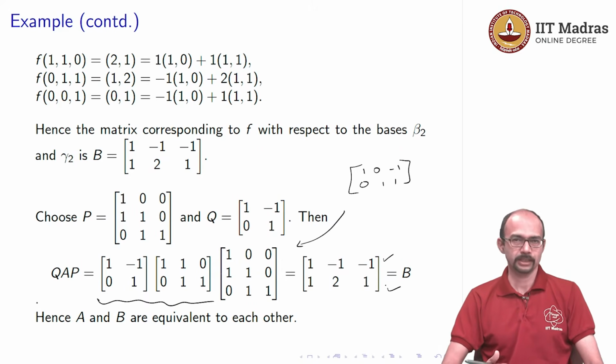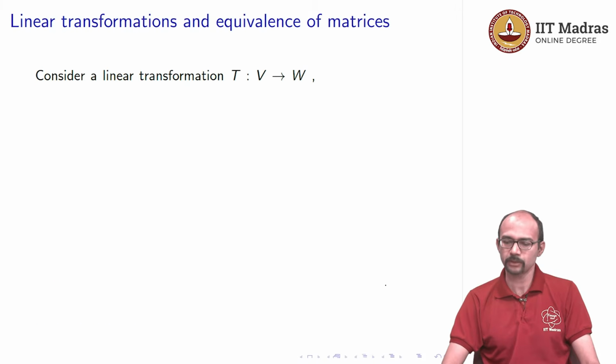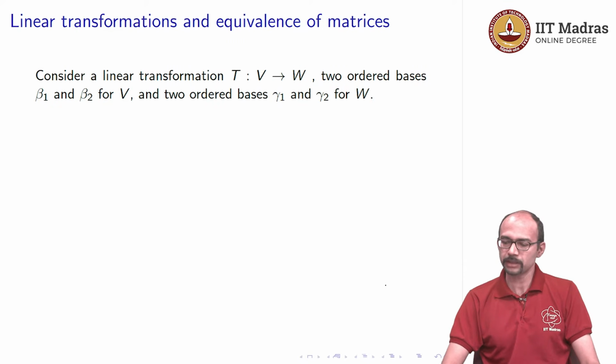Okay. So, this is not some magic. So, consider a linear transformation T from V to W and two ordered bases beta 1 and beta 2 for V and two ordered bases gamma 1 and gamma 2 for W. Like in the previous example, where V was R3, W was R2, and beta 1 and gamma 1 were the corresponding standard ordered bases, beta 2 and gamma 2 were some other fixed ordered bases.